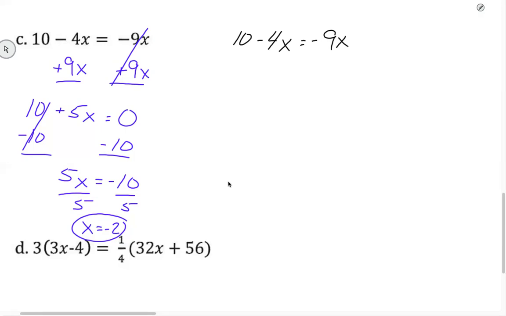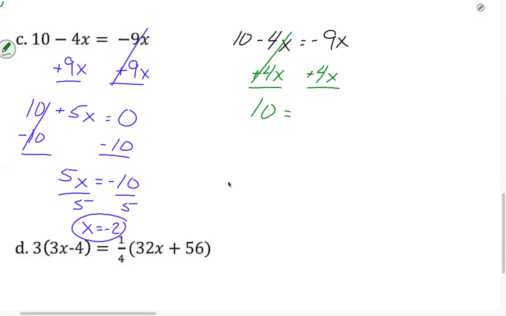I actually did the problem and I added 4x to both sides. Okay, very good. When you become comfortable with things, the only reason I gave you that hint was so you didn't have to divide by negatives. If you are comfortable dividing by negatives and remembering to flip signs and things like that, then you can certainly add 4x to both sides, because I'm doing the same thing to the left and to the right.